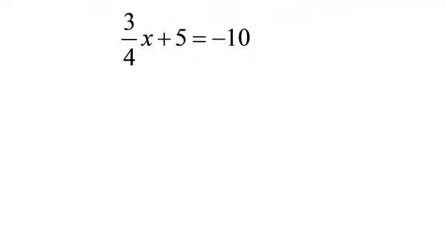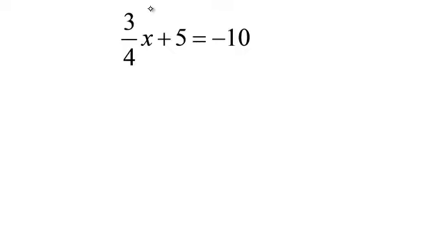I'm going to do one more equation that has fractions in it, but I'm going to do this two different ways. The first time, I see 3/4 x plus 5 equals negative 10. I do see a fraction, not a lot of fractions, but I see the fraction with 3/4. Now remember, we're trying to solve for the variable.